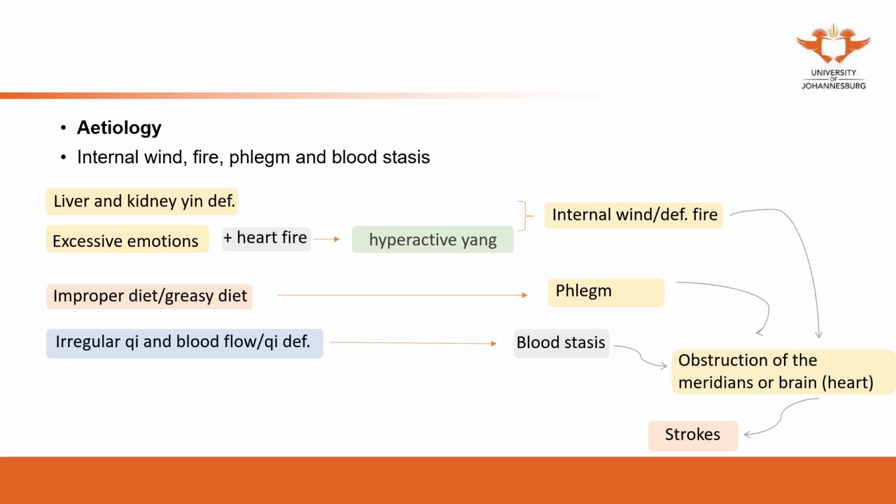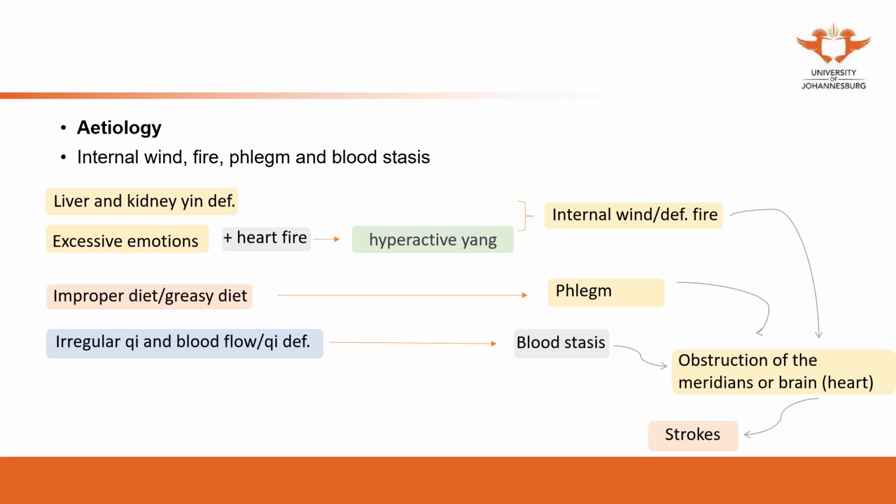So how do we understand the stroke in Chinese medicine? From the symptoms of a stroke, the sudden onset, deviation of the face or the tongue, hemiplegia.